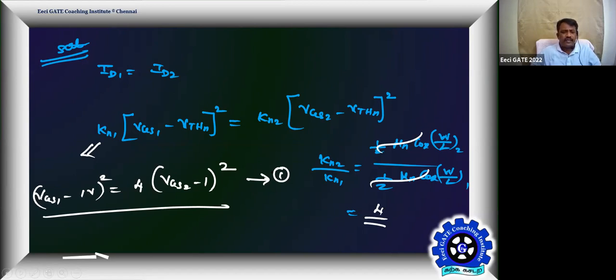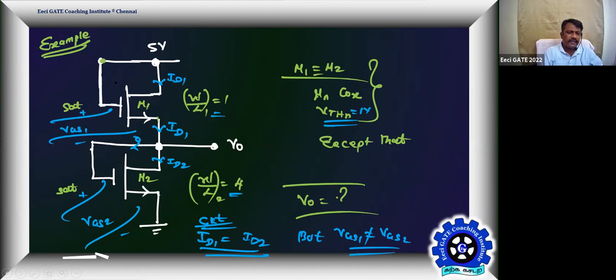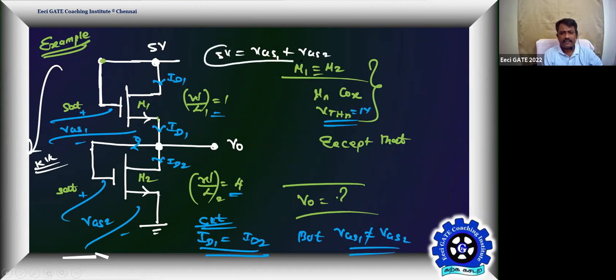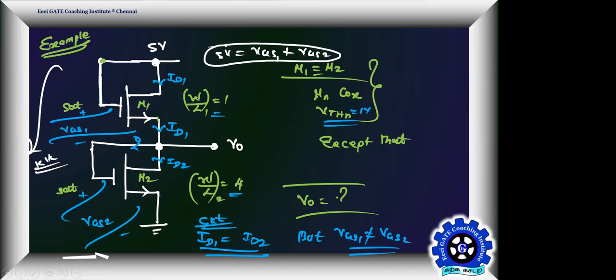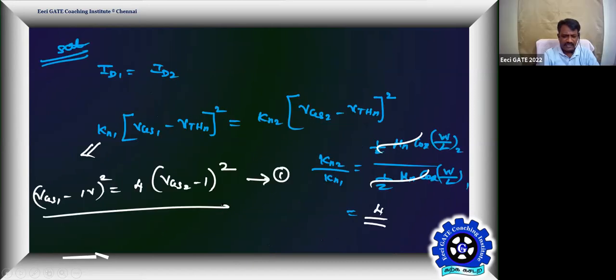Then with two unknowns, we need two equations. We have only one equation. Another equation you are already familiar with. Go by KVL in this path. As per the KVL, we know 5 volt is equal to VGS1 plus VGS2. Getting? So KVL is going to be the second equation.